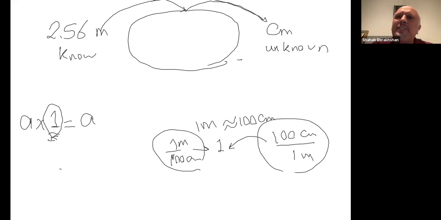But since I want to get rid of meters, I will choose a fraction where it has meter in its denominator. So what I'm going to use as a tool here is this information by saying that I'm multiplying it to 1, and the 1 that I'm using is in this form.